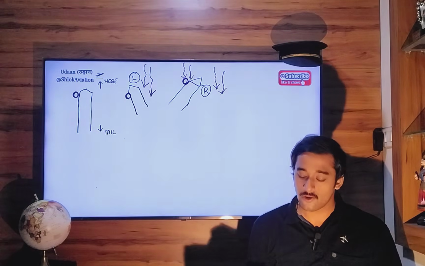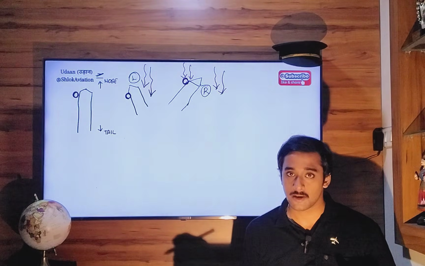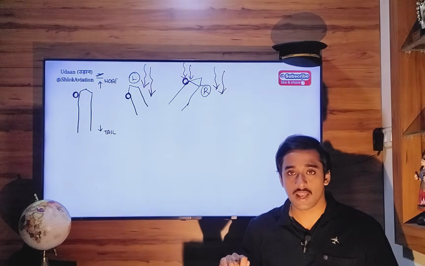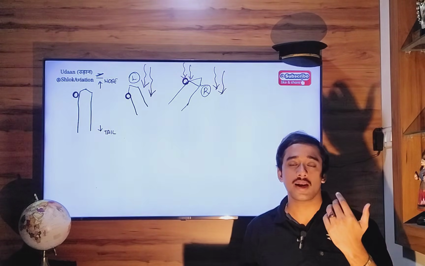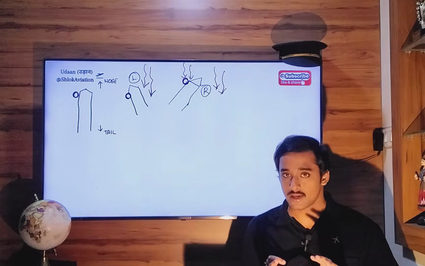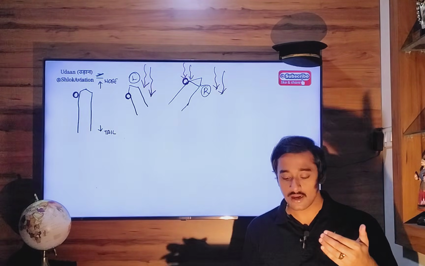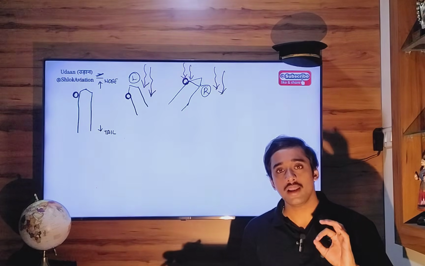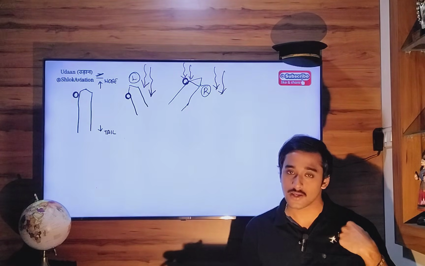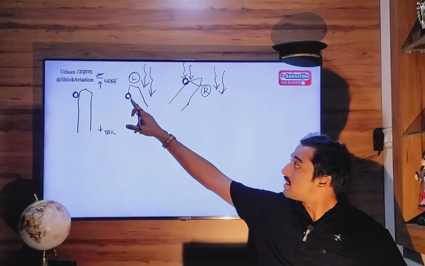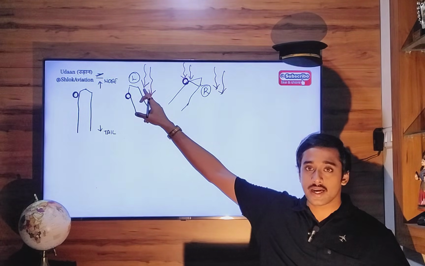This relative airflow will affect the registration of static pressure. So in a straight and level flight, accurate indication of static pressure will happen because the oncoming relative airflow won't interfere with it. But in case of side slipping, left, right, whatever, the oncoming airflow will interfere with the static ports. Now in this case, when the aircraft is yawed to the left, the static port gets hidden from the relative airflow.